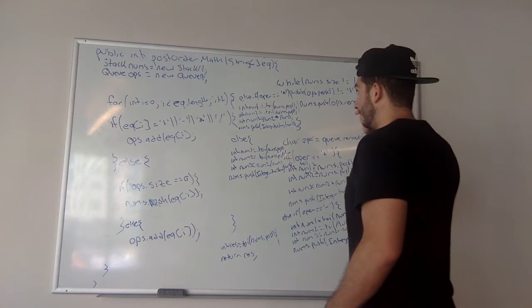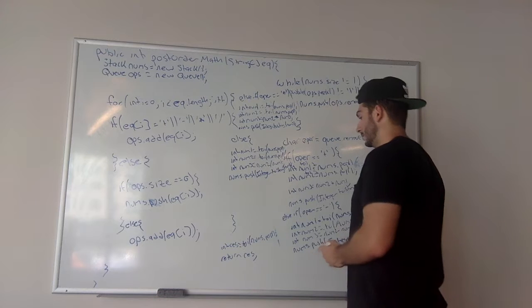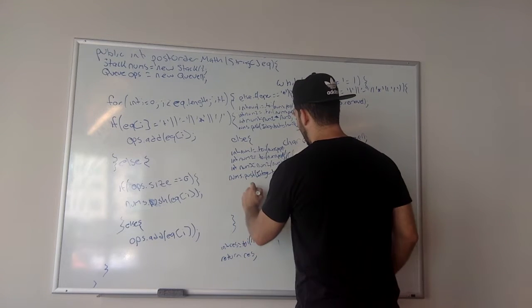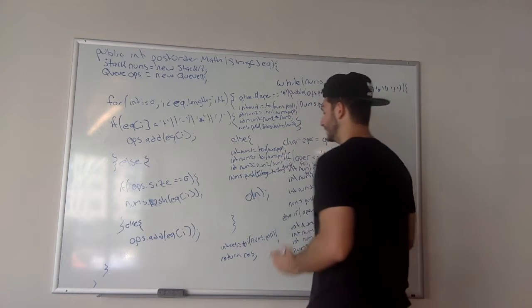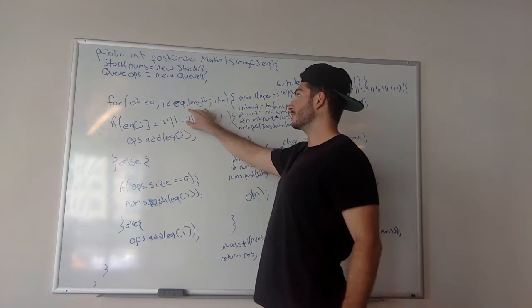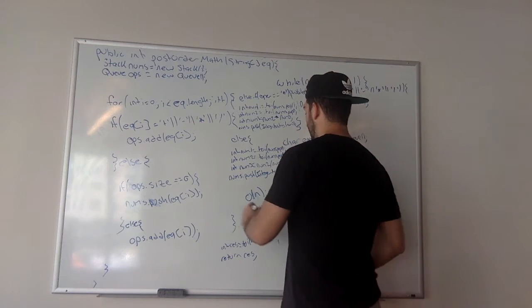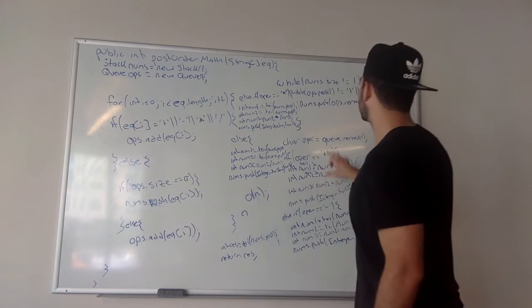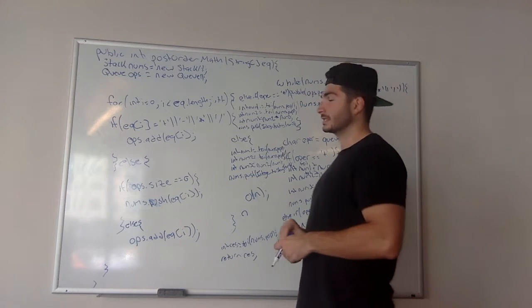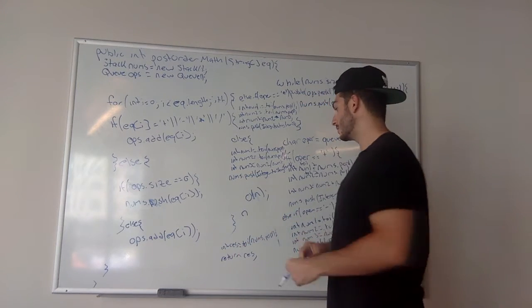So for the runtime, this runs in O of n time. We'll run the length of the equation once here, so n, and then the stack will, when computing the result, go another n times.